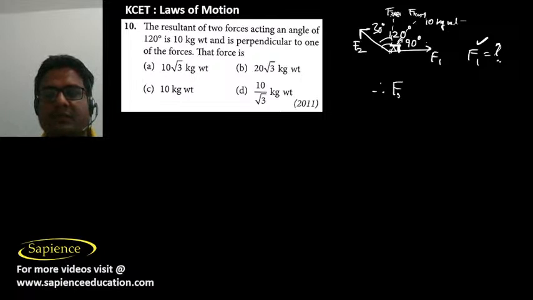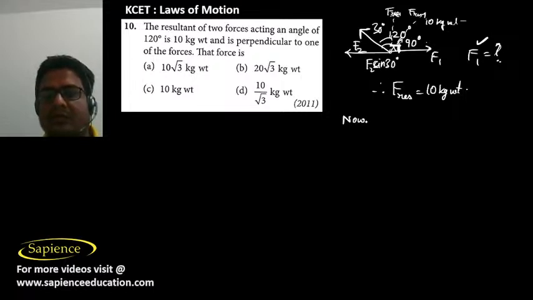The resultant force is given as 10 kg weight. Now the component of F2 will be F2 cos 30 and F2 sin 30.